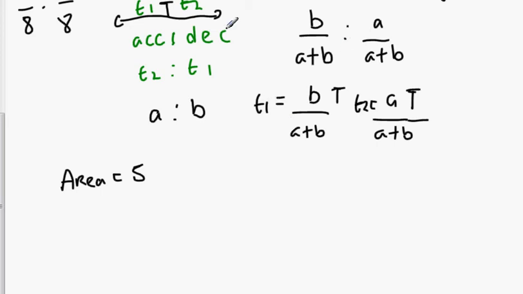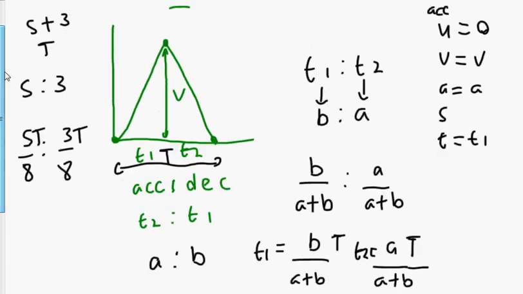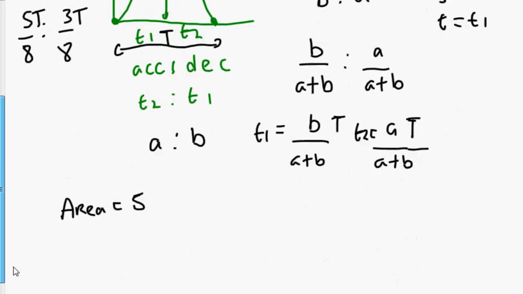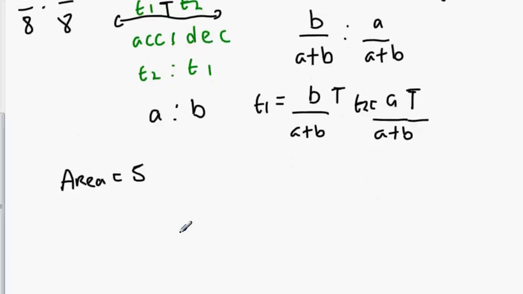And as somebody was saying earlier, it's a big triangle this time. So the area is going to be half the base multiplied by the height. But what do we know about the base in this case?